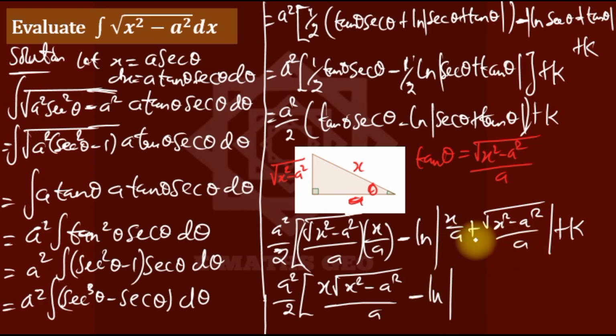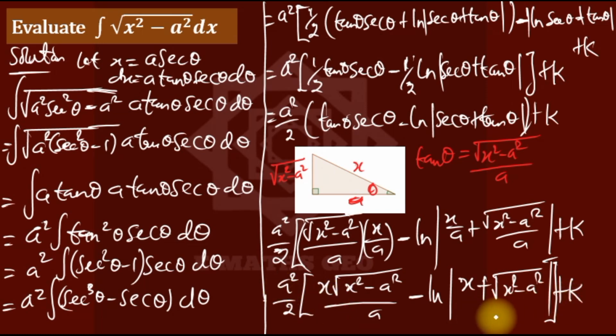Since the a is a constant, the ln of a constant is also a constant, so I have ln of x plus the square root of x squared minus a squared, plus k. Remember, this half is the product.